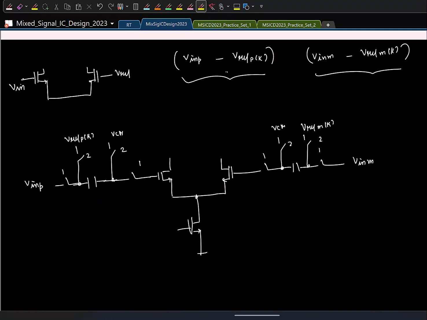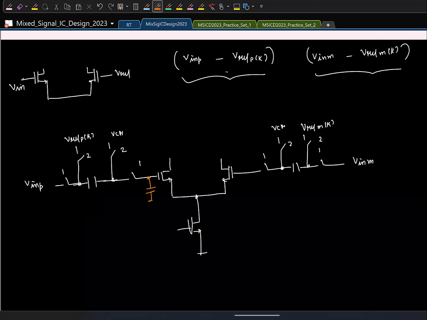The input is getting sampled onto the gate capacitance here. In many cases you might not need an explicit sampling cap because the gate cap itself will be large enough, but if needed, you can put a separate cap there. So we sample the input in phase 1, activate the comparator in phase 2, and we are set.